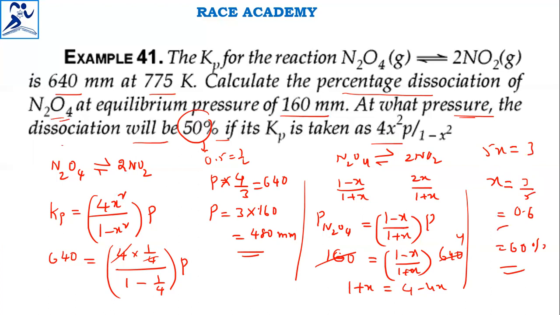That means in this question, the percent dissociation of N2O4 at an equilibrium pressure of 160 millimeters, by taking 640, is 60%. By taking 480, they have already given 50%.